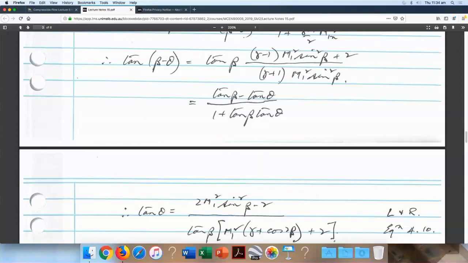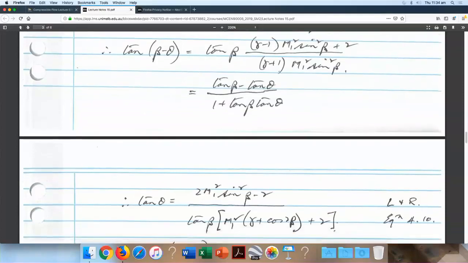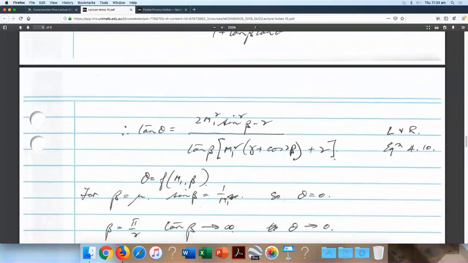Beta is the angle between the flow and the shock, and M1 is the Mach number, W1 over A. So you can use all of those normal shock relations to get this result. This is a very important result, and I've just called it theta as a function of M1 and beta.